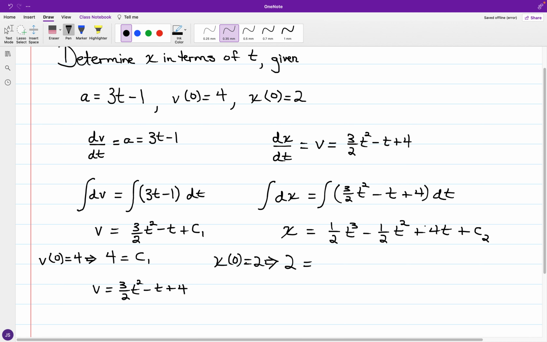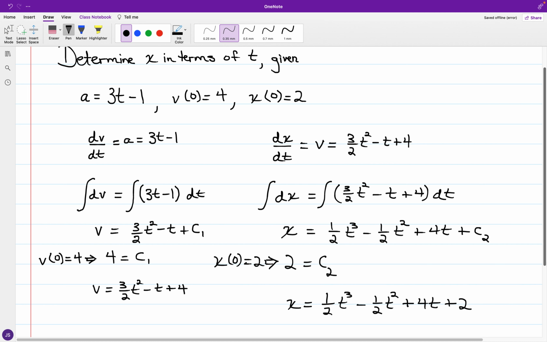So the first three terms will become negligible, and right away we will have that c sub 2 is equal to 2. Putting it back, we will have the solution for x, which in this case is going to be 1/2 of t cubed minus 1/2 of t squared plus 4t plus 2. And that will be the final result.